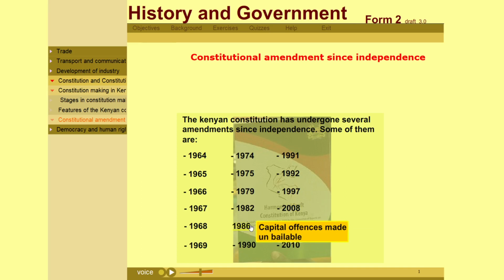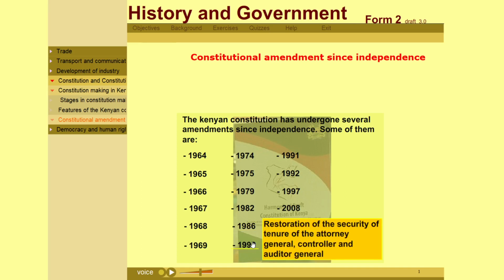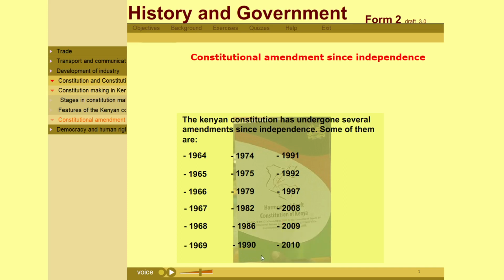Capital offences were made unbailable in 1986. Restoration of the security of tenure of the Attorney General, Controller and Auditor General in 1990. Repeal of Section 2A, making Kenya a multi-party state in 1991.